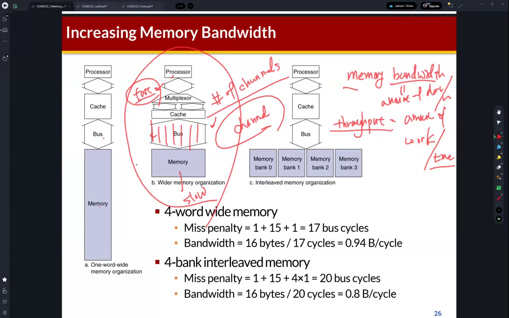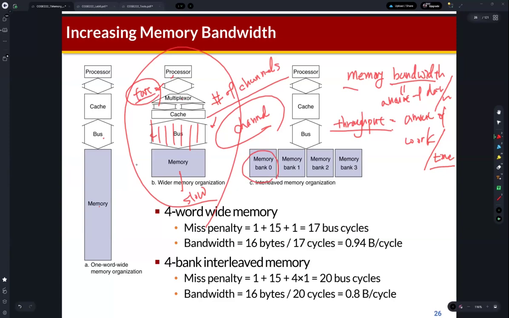Memory is slow, CPU is fast, but we want to increase the bandwidth from memory. Then how can we increase the bandwidth, which means performance?